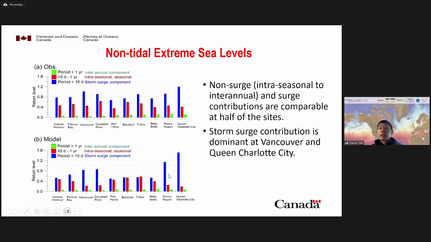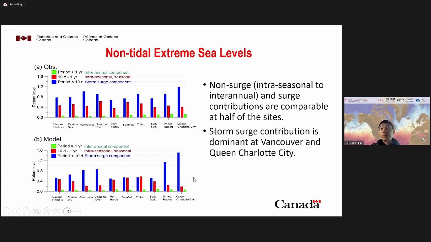If we combine the intraseasonal, seasonal and interannual, we separate it into 2. Probably it's more straightforward now: storm surge and non-storm surge. You can see non-surge and surge contributions are comparable, at half of the size each.